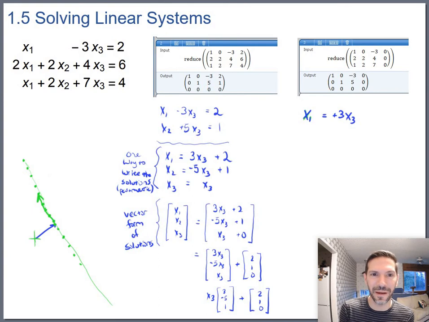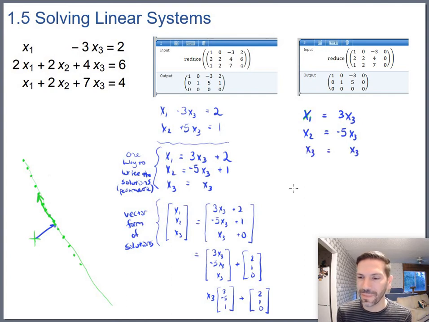I'm not going to bother to write that. And x2 equals negative 5 x3, and again, x3 is free, no restrictions on it. So there's the parametric form of the solution.